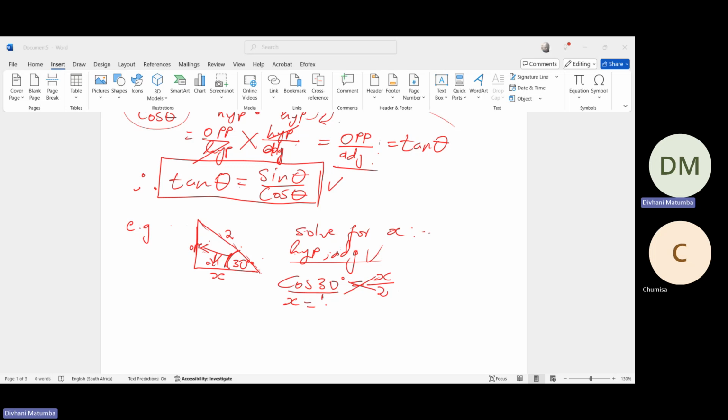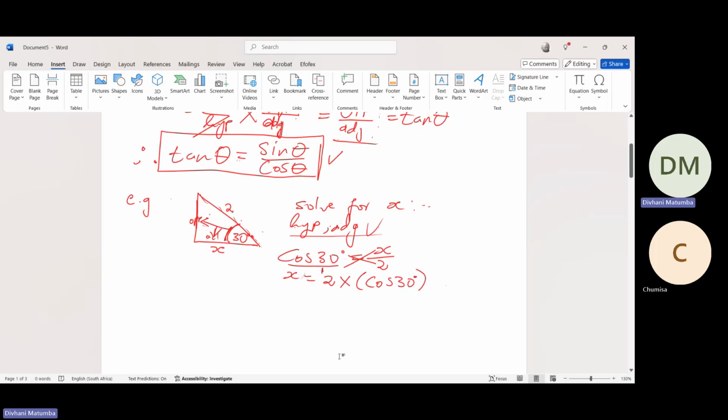So it's going to be 1 times x, which is x, is equal to 2 times cos 30, use your calculator. 1,7.